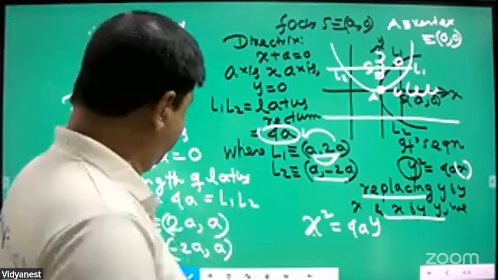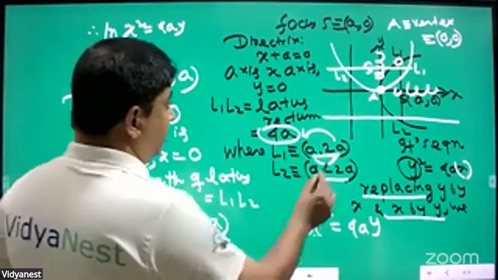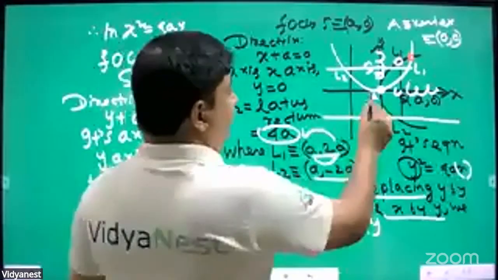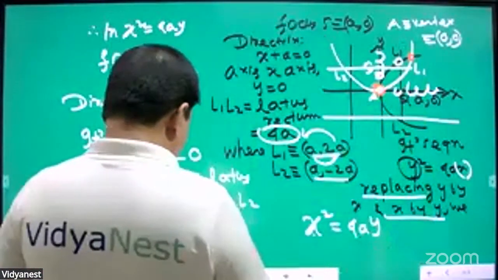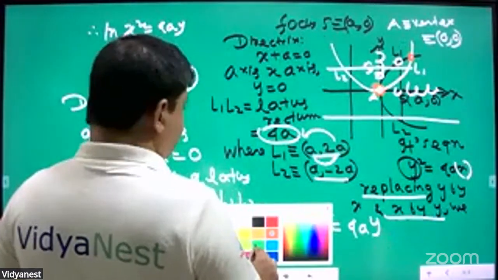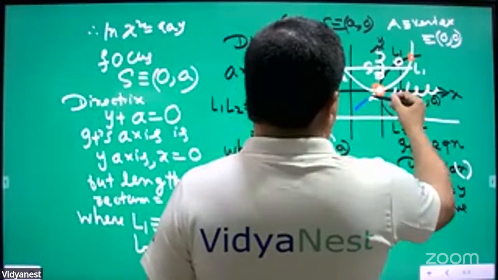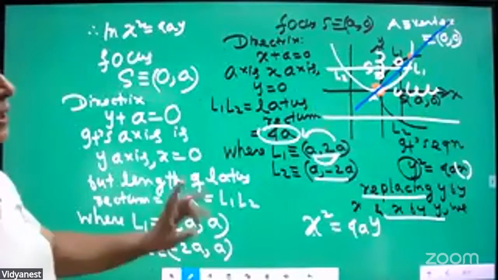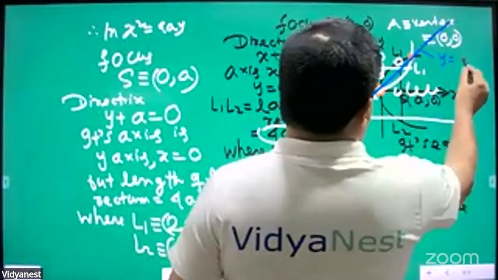Now, one interesting thing is that if I join the point of intersection of two parabolas and the common vertex by a line, then this line will be y is equal to x.